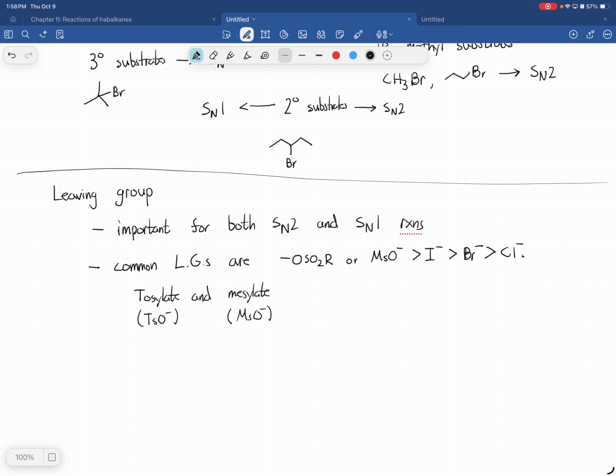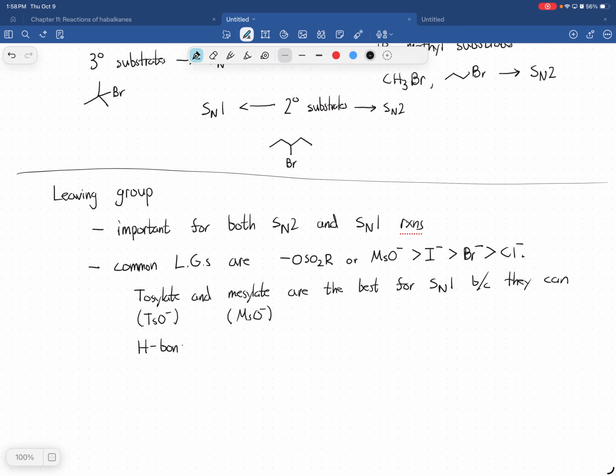These are the best for SN1, and that's because they can hydrogen bond.